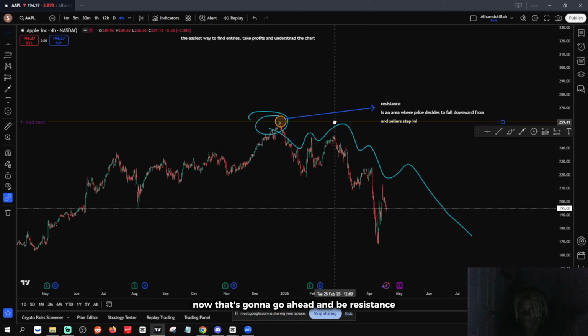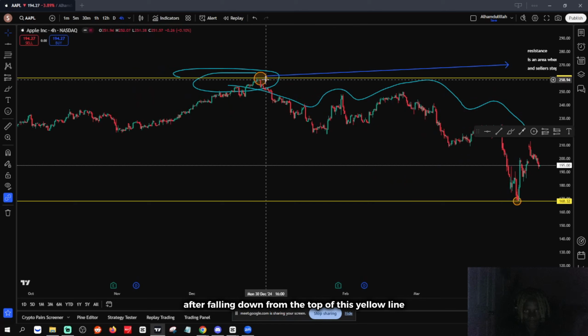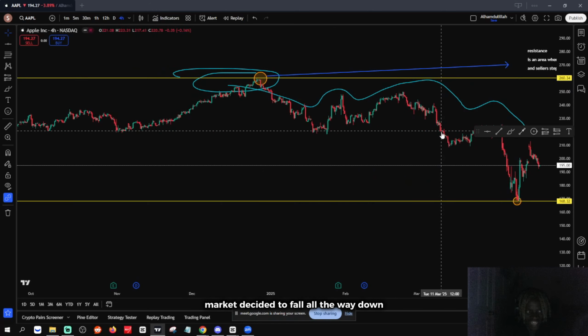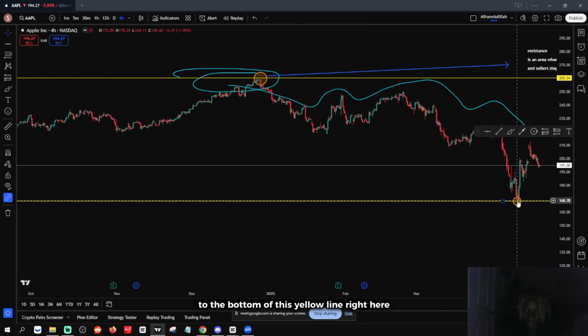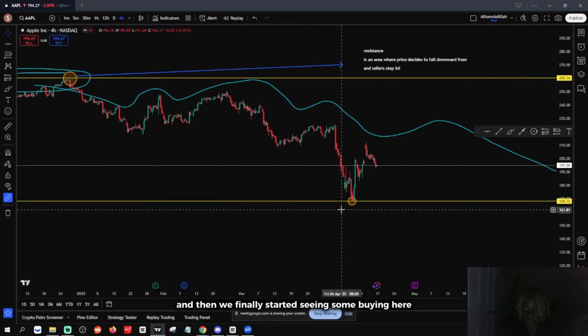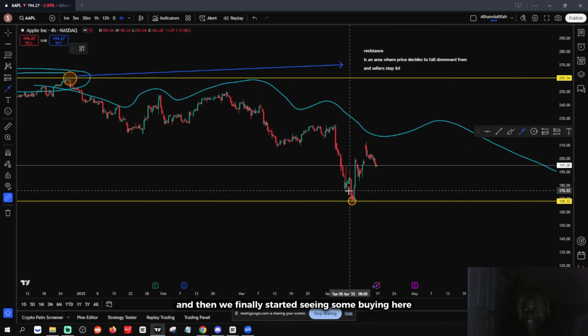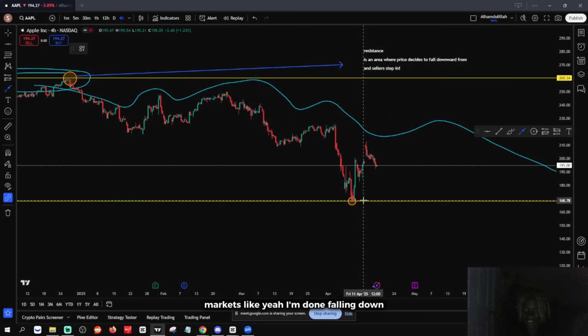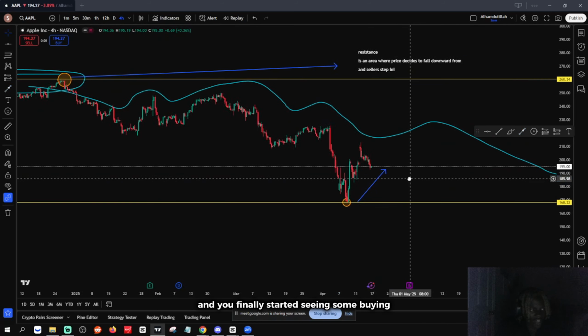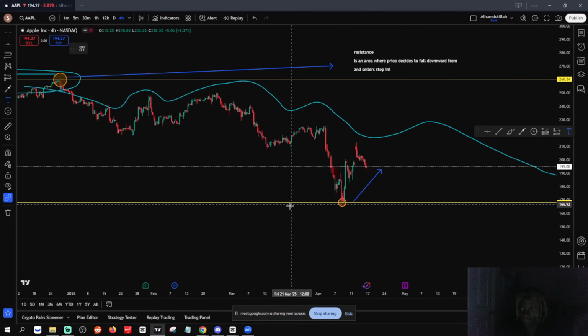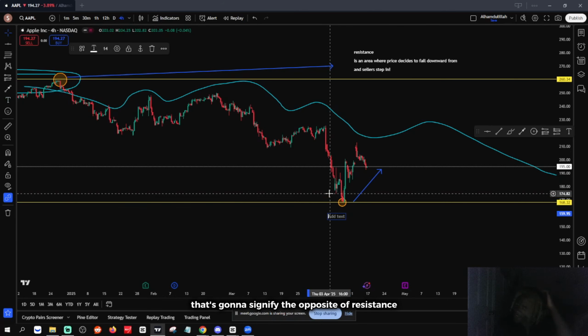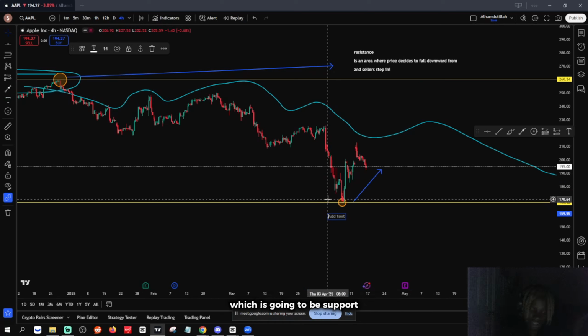As we can see right here, market came in contact after falling down from the top of this yellow line. Market decided to fall all the way down to the bottom of this yellow line right here. And then we finally started seeing some buying here. Market's like, yay, I'm done falling down. And you finally started seeing some buying.